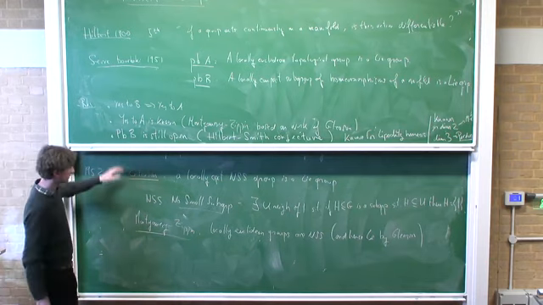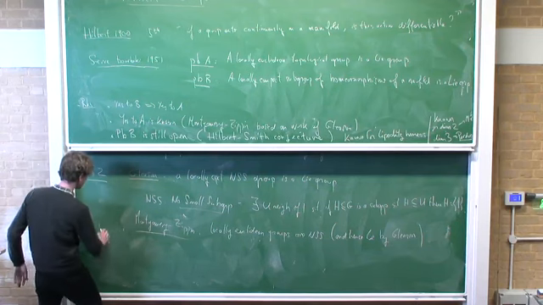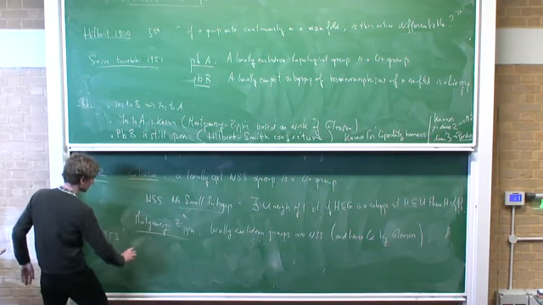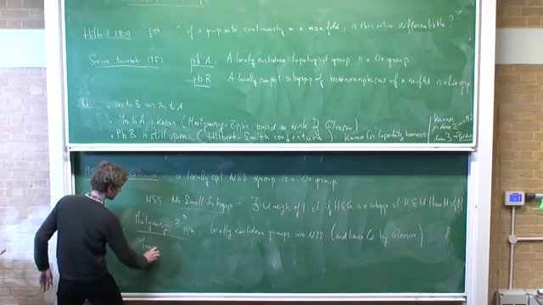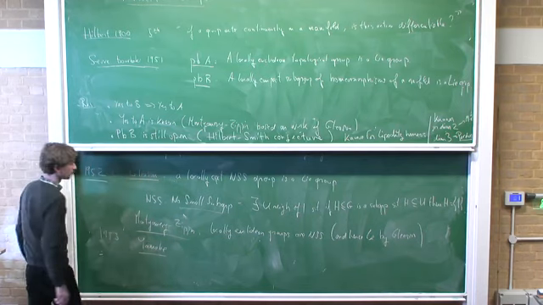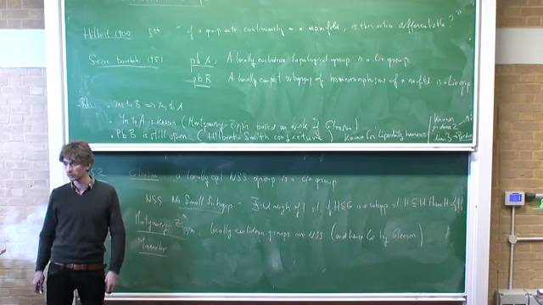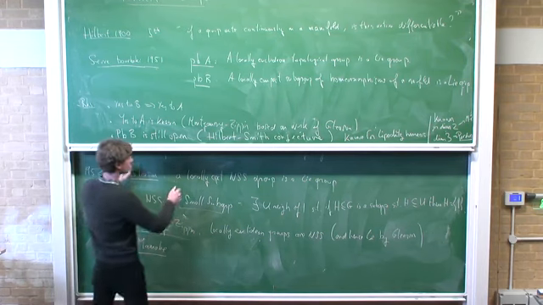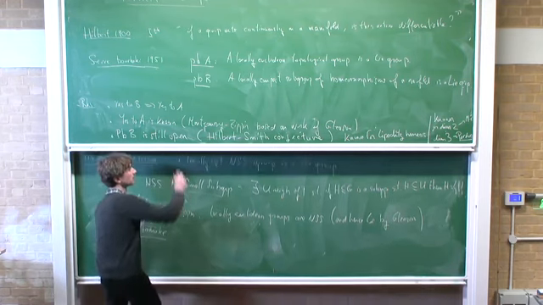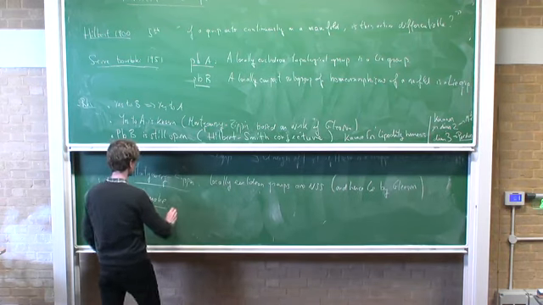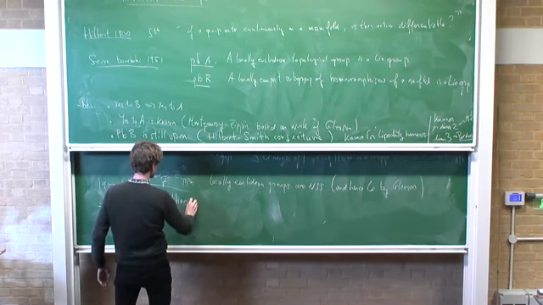And then, just a year after that, in 1953, Yamabe proves a structure theorem for locally compact groups. So he states this, Yamabe's theorem.